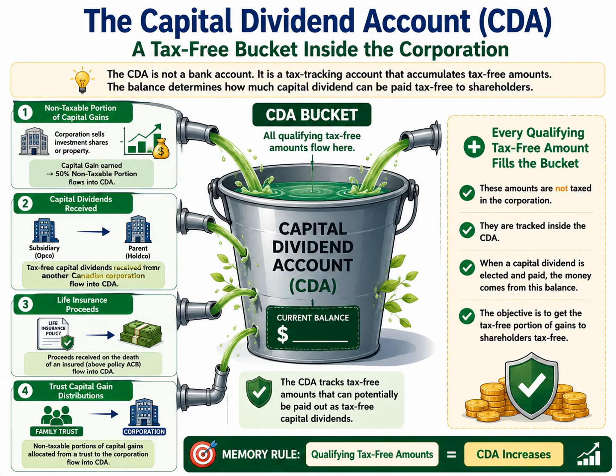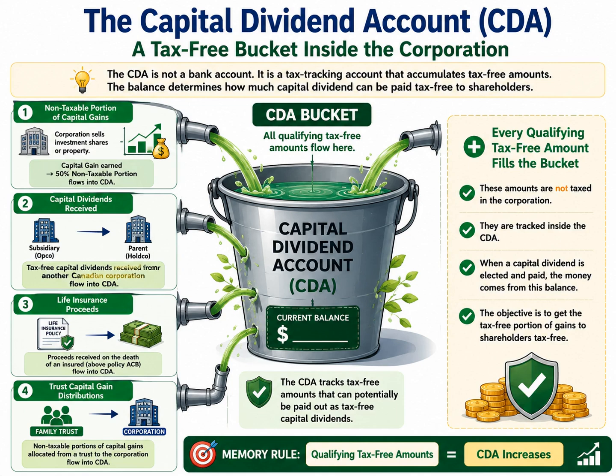Instead, it is a tax tracking account that records certain amounts that may eventually be distributed to shareholders as tax-free capital dividends. Every time the corporation receives a qualifying tax-free amount, that amount flows into the CDA and increases the balance. The most common source is the non-taxable portion of capital gains.